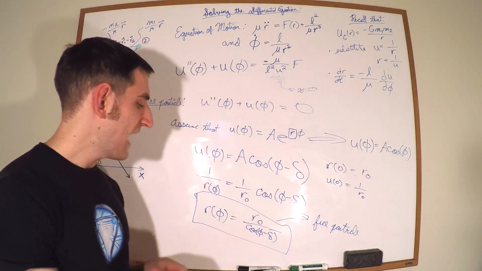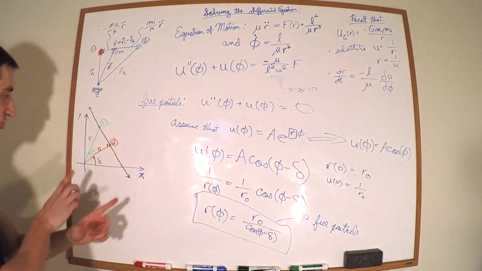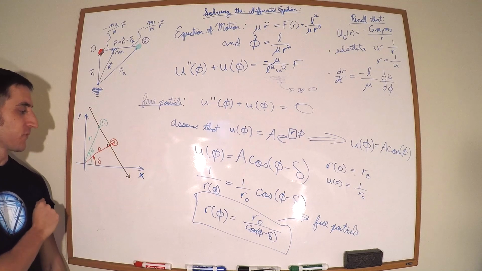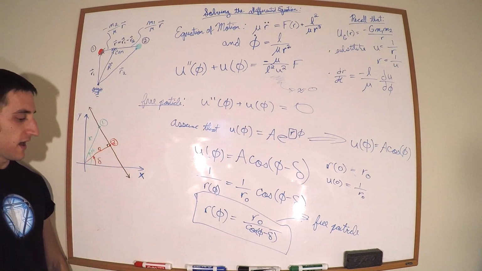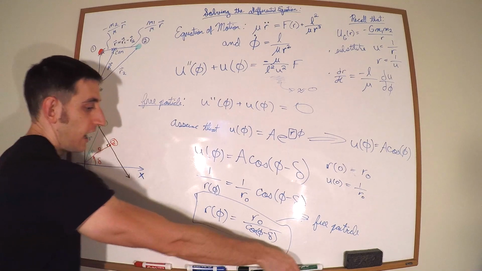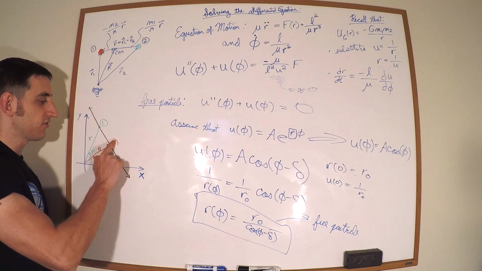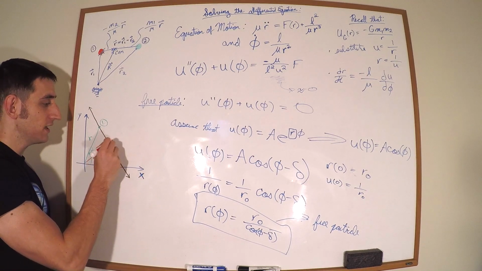So if we have an angle of delta at a length r naught, if we go to our polar coordinates in red, we go up an angle delta, we go out r naught, and that's point 1. I messed up the notation here, so let's fix it. This is not 2. This should actually be point 1.